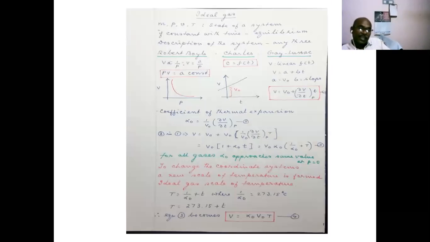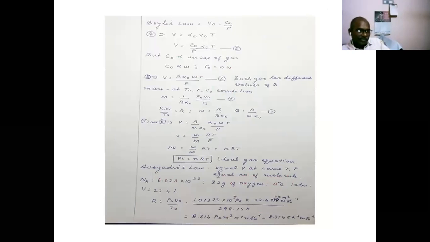And we have seen what is an ideal gas in the view of thermodynamics, in the view of the gaseous state, and also in the view of intermolecular forces. We have seen the graphical representations of Robert Boyle, Charles, and Gay-Lussac, and we have derived an equation for the ideal gas, and we have proved that the ideal gas equation holds good as long as intermolecular forces are not there.